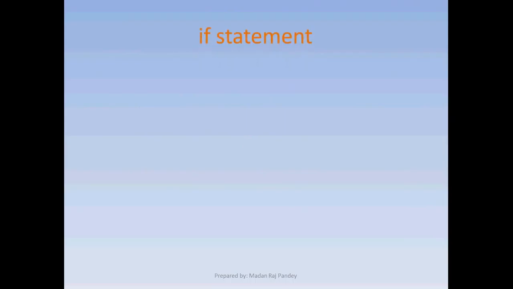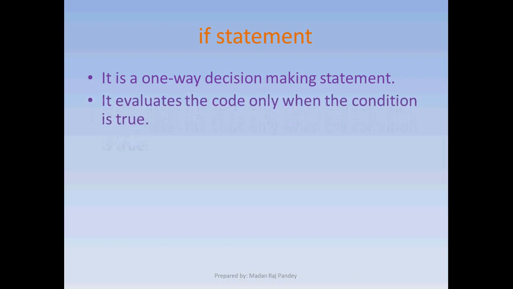So let us discuss the if statement. The if statement is the one-way decision making statement. It is known as a one-way decision making statement because it only states what to do when the condition is true. It never evaluates the course when the condition is false.